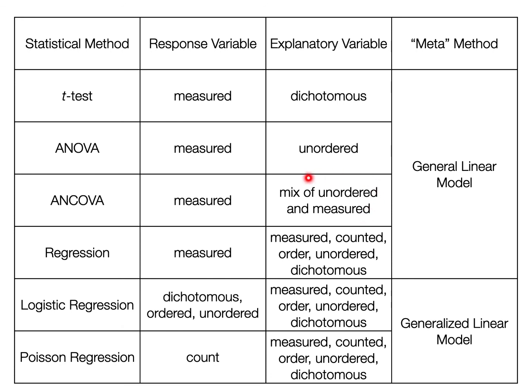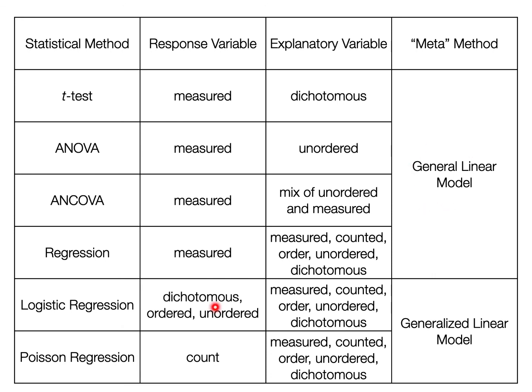Okay, in ANCOVA, analysis of covariance, you're going to have a mix of unordered explanatory variables as well as some measured explanatory variables. And then in regression, you get to combine all those things. So regression is the most general approach of these things. And so you can do a t-test in a regression framework. You can do an ANOVA style analysis in a regression framework and so on. And that's because they're all part of what's known as the general linear model.